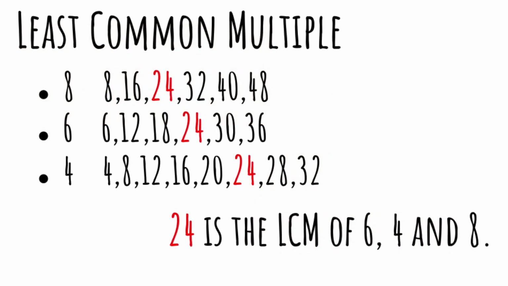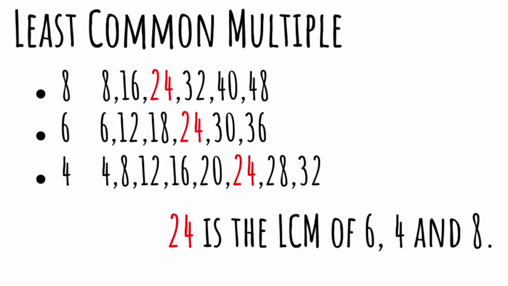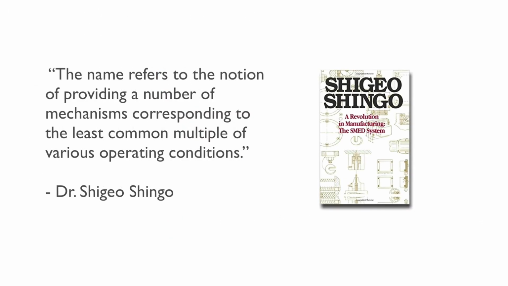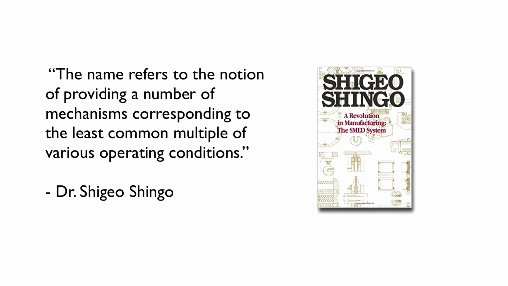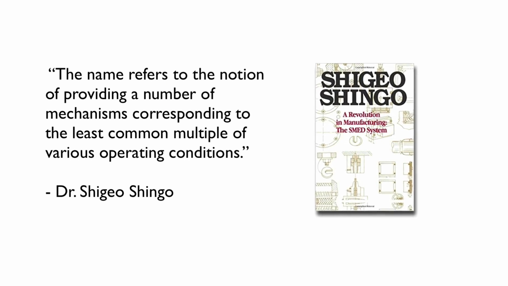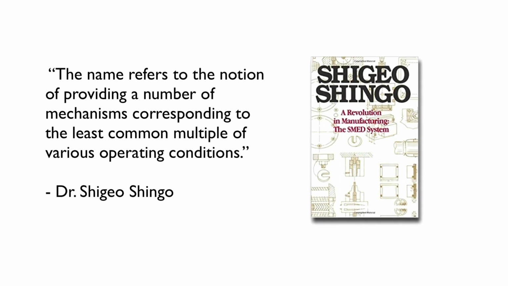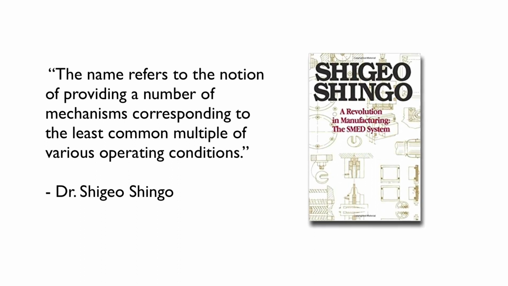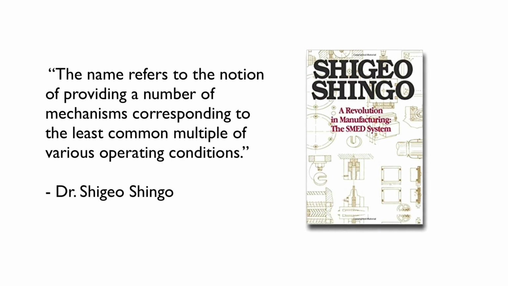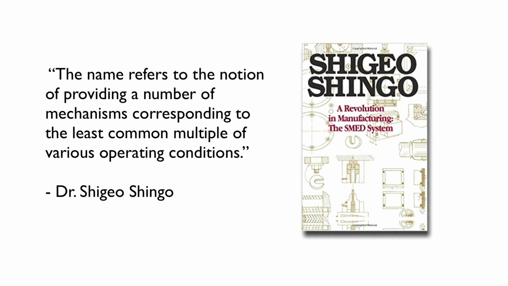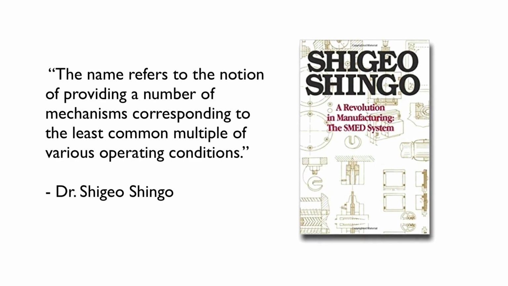The least common multiple is a concept taught in arithmetic applications today. Dr. Shigeo Shingo shares in his book, A Revolution in Manufacturing, the SMED system. The name refers to the notion of providing a number of mechanisms corresponding to the least common multiple of various operating conditions.